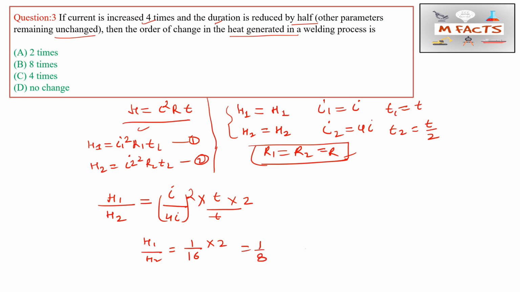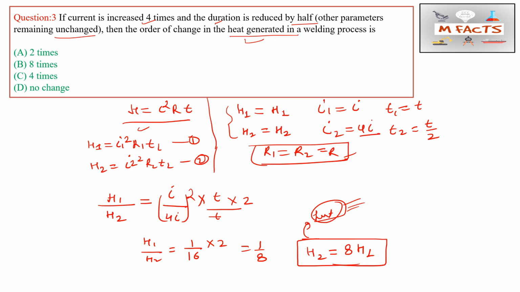Here we can find that H2 is equal to 8 H1. They are asking in the question about the order of change in the heat generated in welding processes. So we can say that H2 is the heat generated by the second case, that is with 4I ampere and half the duration.